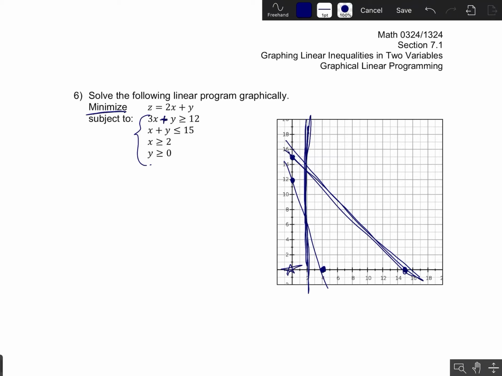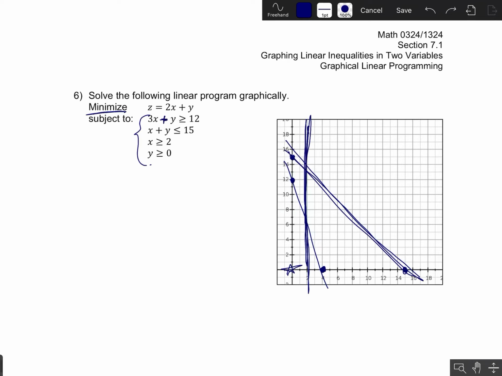So we'll look at our first inequality here. Now I'll plug the origin into this first inequality. Remember that this was our first line. If I plug the origin into that first inequality, I would get 0 is supposed to be bigger than or equal to 12. That's false.